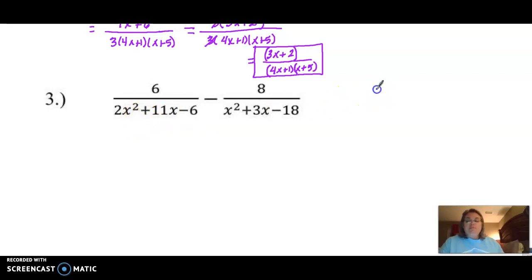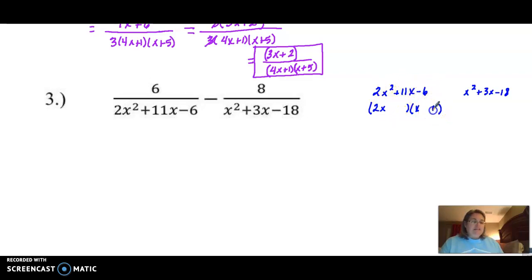So, 2x squared plus 11x minus 6 and x squared plus 3x minus 18. When I factor 2x and x, again, I look at that 6 because I have 6 and 2 on my ends, and I want to get to an 11.